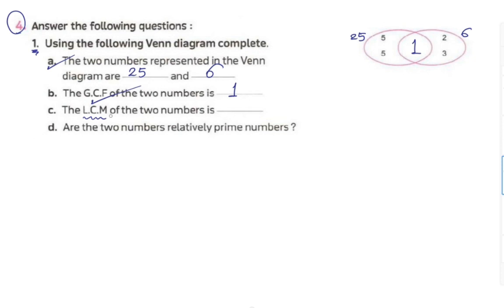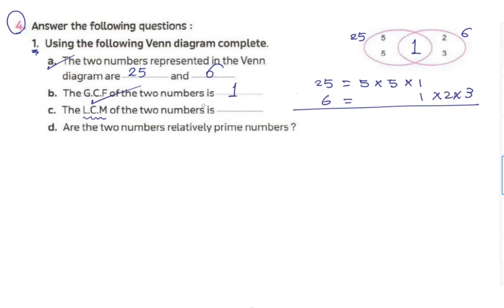For the LCM, I take the common factor and multiply all the other factors. Don't forget, 25 equals 5 by 5 by 1, and we have 6 equals what? We have 1 here by 2 by 3.